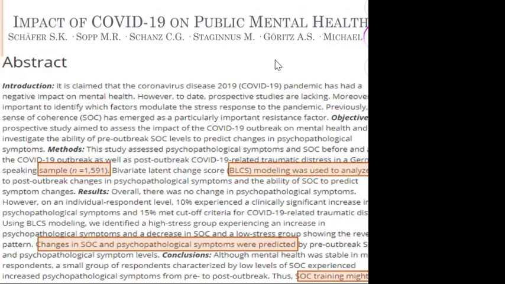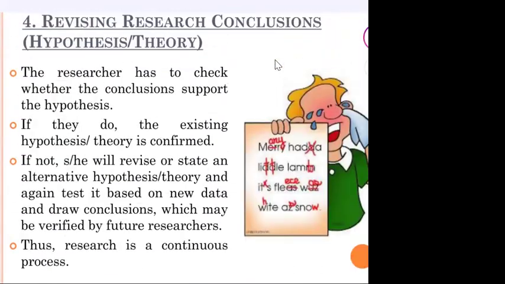This is how research goes on. Here we had basically talked about scientific inquiry.